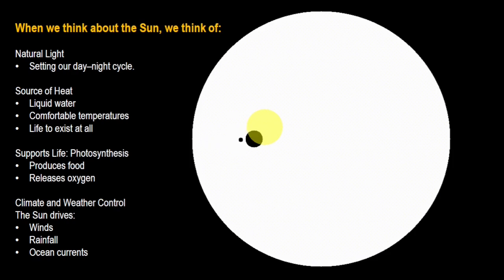Number two is a source of heat. For instance, we have liquid water, and substances in liquid form, because of the heat from the sun. Water is one of the most useful substances to us because we survive using water.